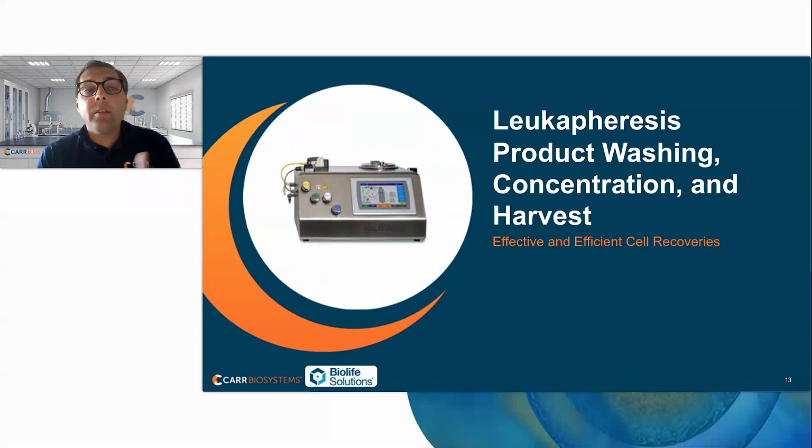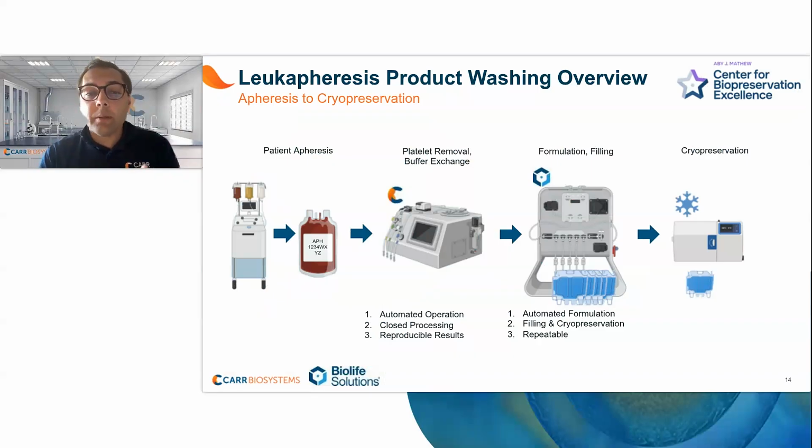Moving into the first part of the study, we'll cover leukapheresis product washing, concentrating, and harvest, while focusing on a variety of data points such as viable cell recovery, viability maintenance, population ratios, and washing. Throughout the workflow for this study, the Leukopak was initially collected through apheresis. Throughout this collaboration, at the time of this data, we've had 4 donors analyzed.